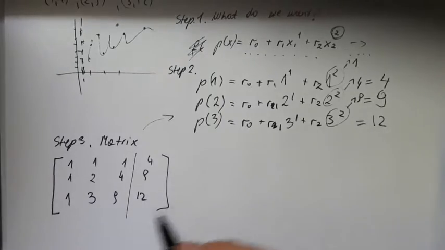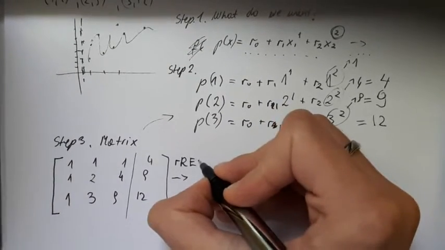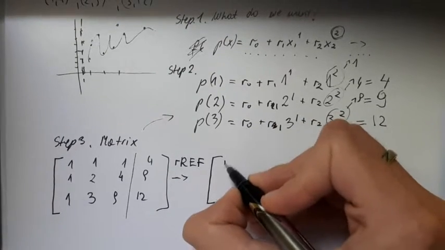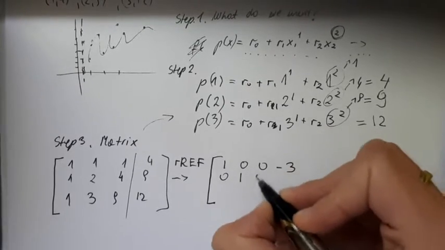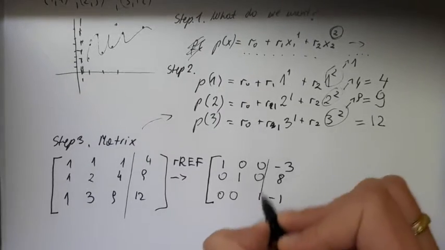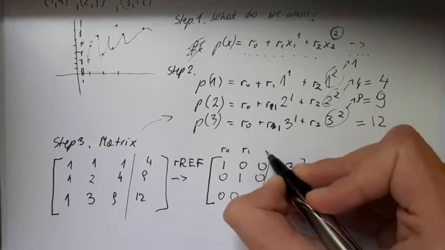Okay, that's our matrix. When we reduce it to reduced row echelon form, we will get 1 0 0 minus 3, 0 1 0 8, 0 0 1 minus 1. So that's our reduced form, and we know this is r0, this is r1, this is r2.